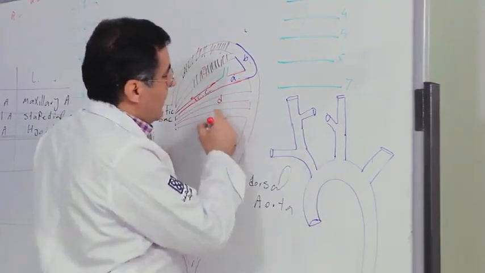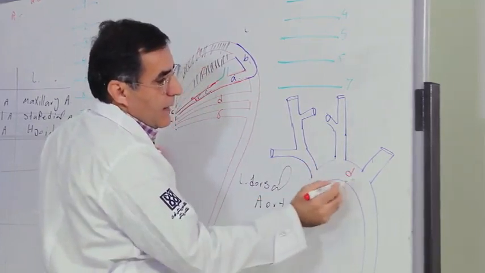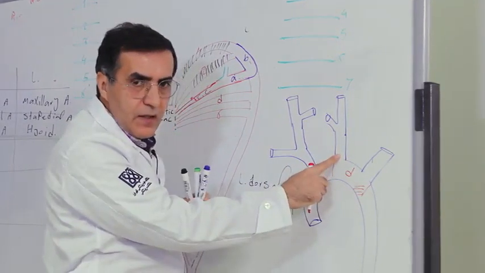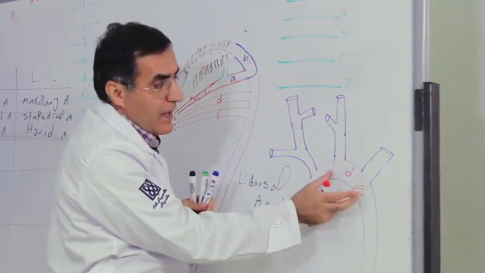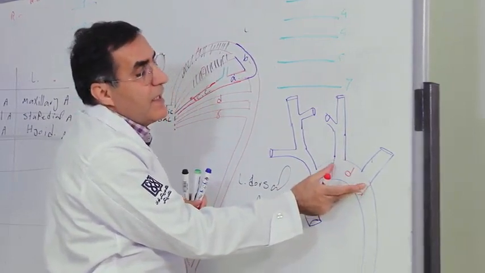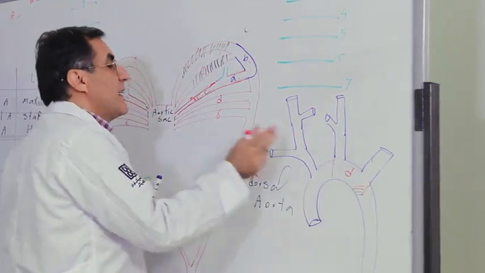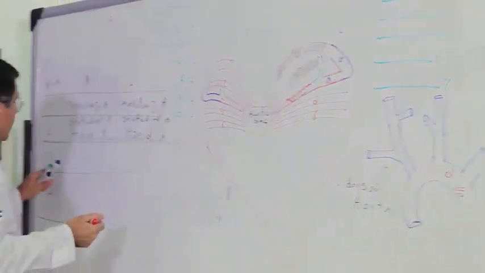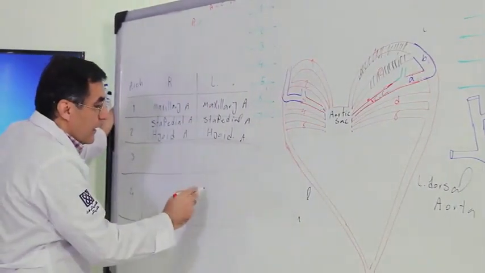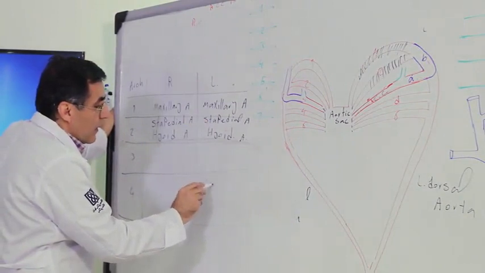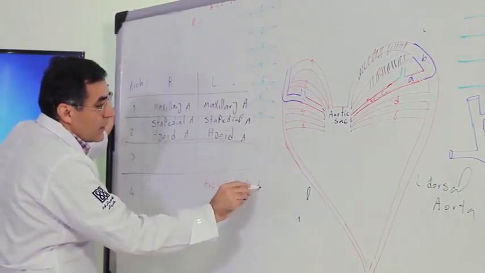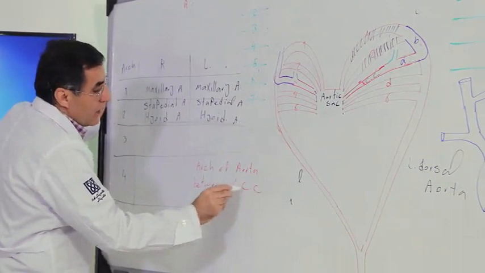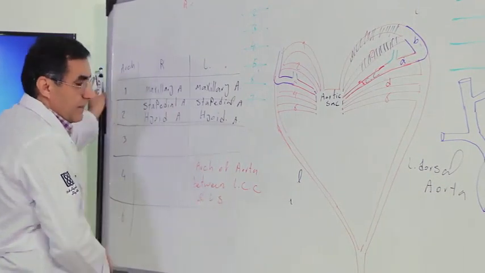I write here that it makes the part of the arc of aorta between the left carotid and the left subclavian. This part of the arc of aorta is made by the left fourth arc. On the left side, it makes an arc of aorta between the left common carotid and left subclavian.